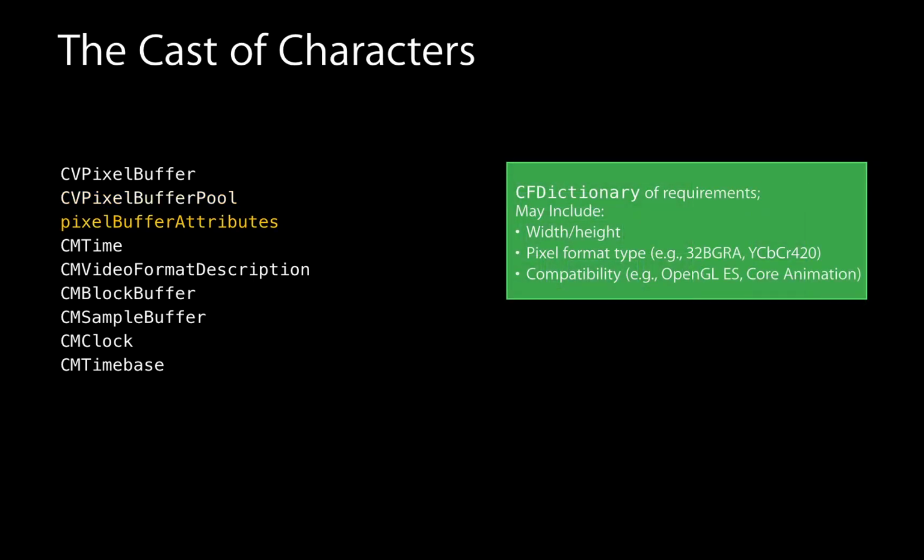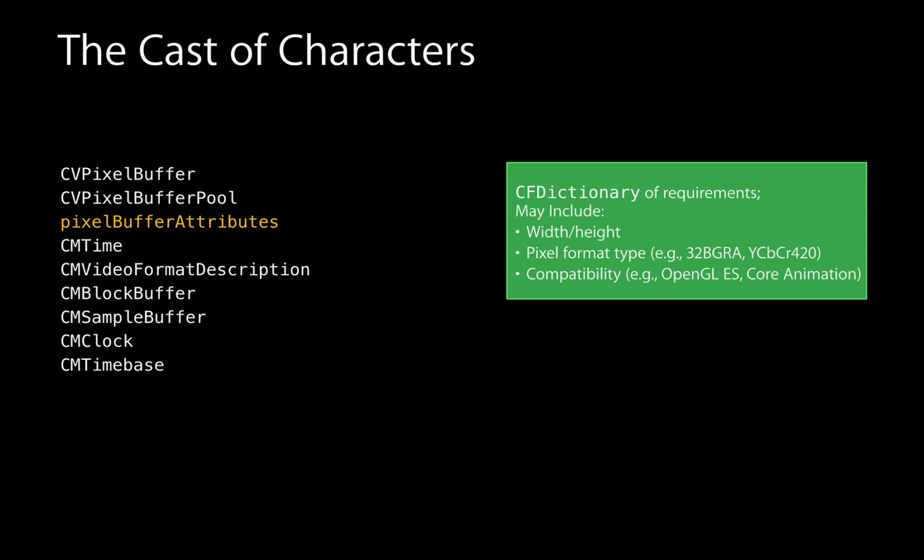Next thing is pixel buffer attributes. This isn't actually a type like the rest of the things in this list, but it's a common object you'll see listed in our interfaces. You'll see requests for pixel buffer attributes dictionaries. Pixel buffer attributes are a CF dictionary containing a set of requirements for either a CV pixel buffer or a pixel buffer pool.